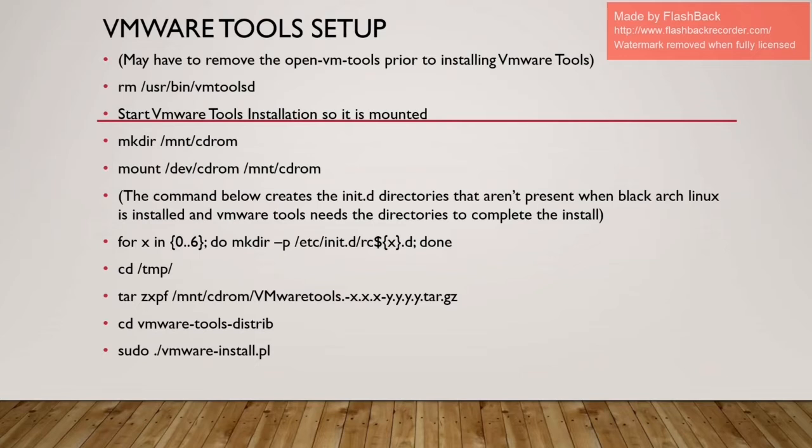So just bypass that step by creating them early. Change your file path to temp. You will want to unzip the VMware Tools package using tar. Change the directory to vmware-tools-distrib, and run the installation script, which is written in Perl.